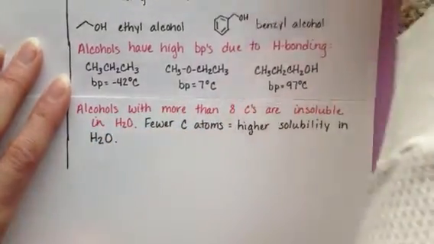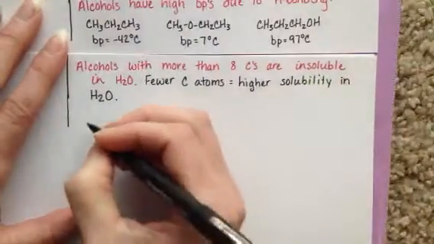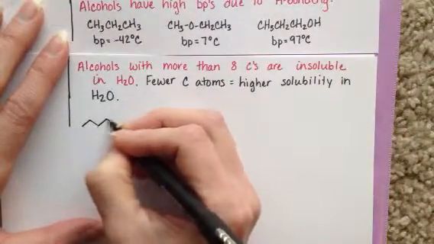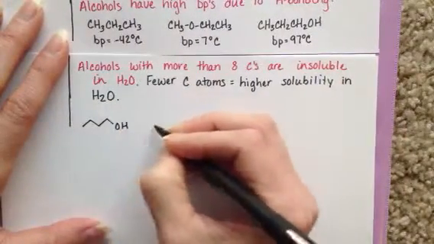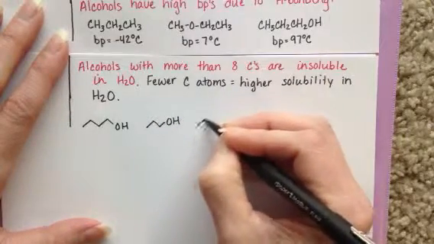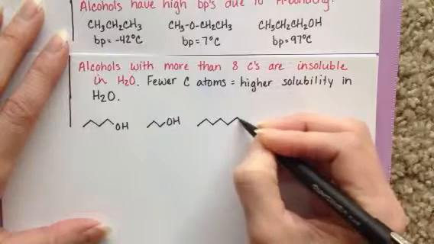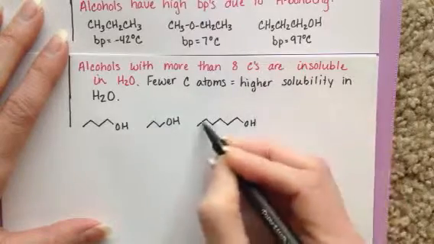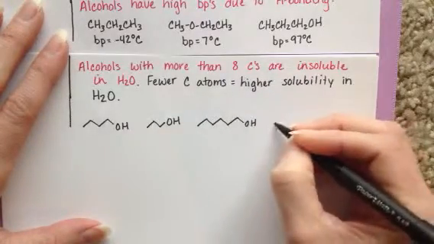So if we look at a few alcohols, for example, 2, 3, 4 carbon chain. I lost count. 1, 2, 3, 4, 5, 6 carbon chain.